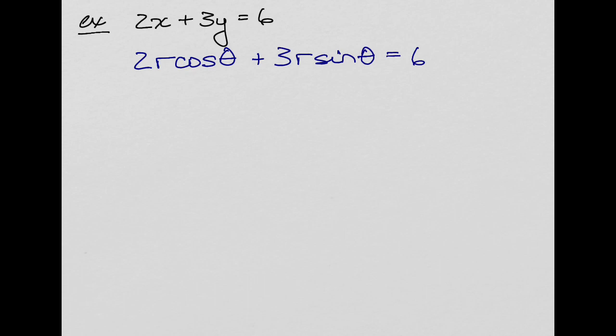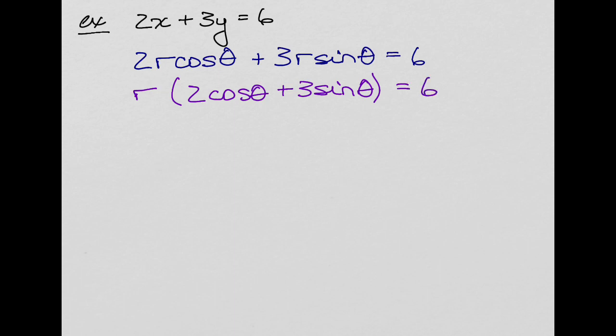Well, next thing I'm going to notice, I have these two terms and they each have an r in them. So I'm going to go ahead and factor out the r, since our goal is to get r equals. So I got 2 cosine theta plus 3 sine theta. And the 6 is just along for the ride.